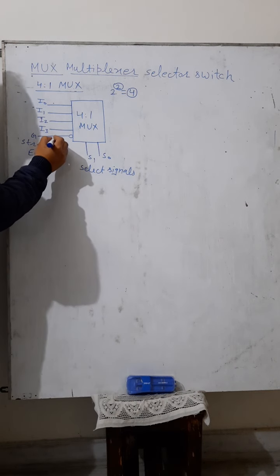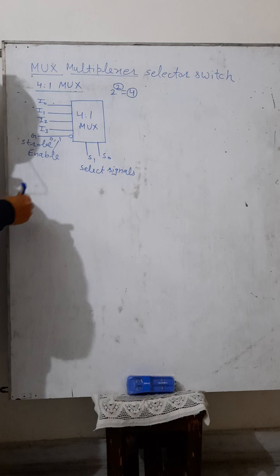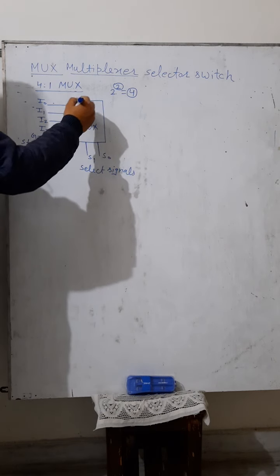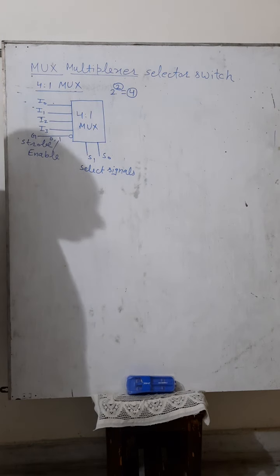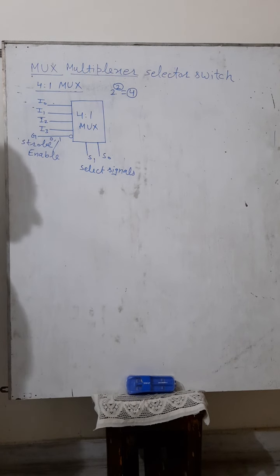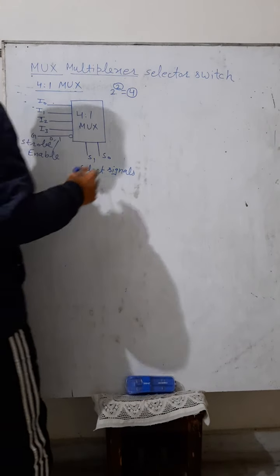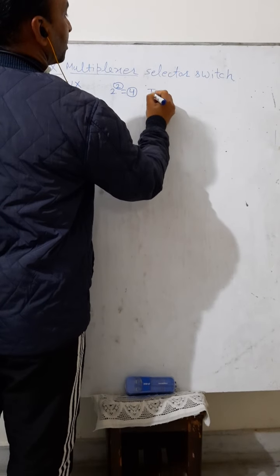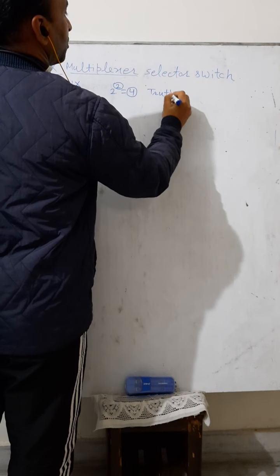But if here it has the value of 1, then this Mux block diagram or this Mux logic circuit will be disabled. Okay, so here is the truth table of this 4:1 Mux.